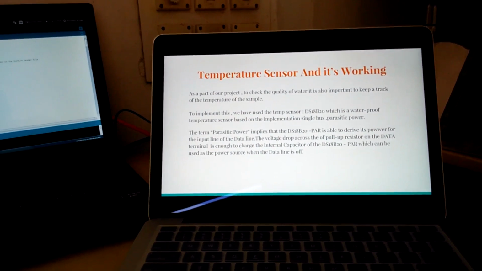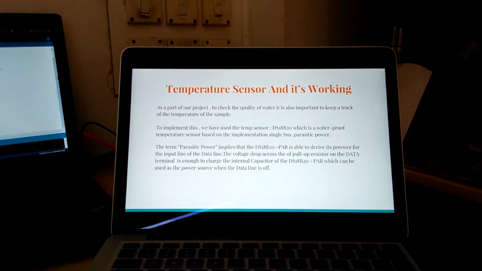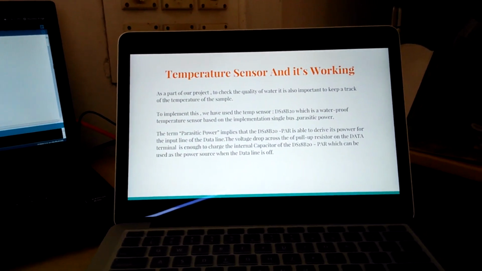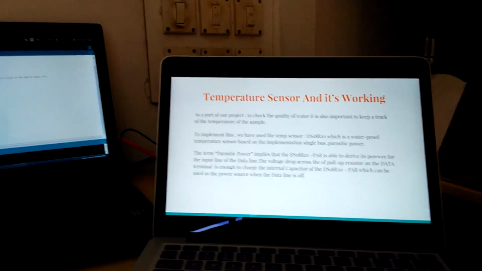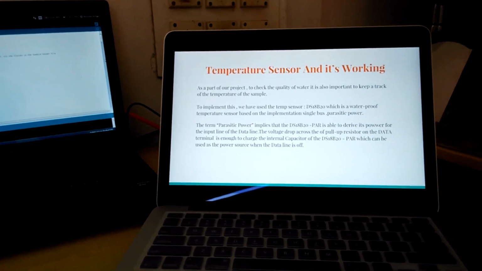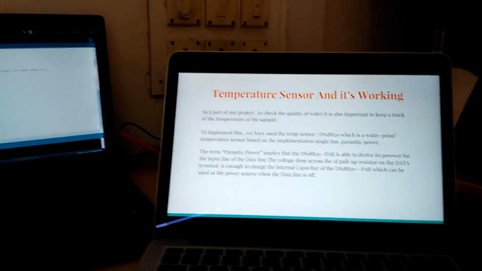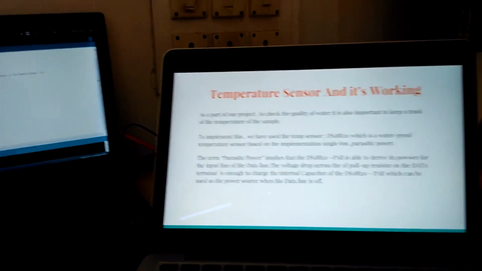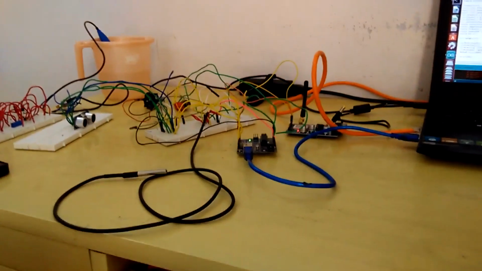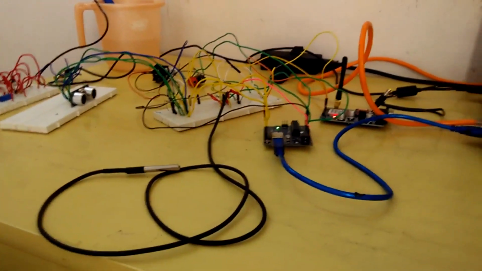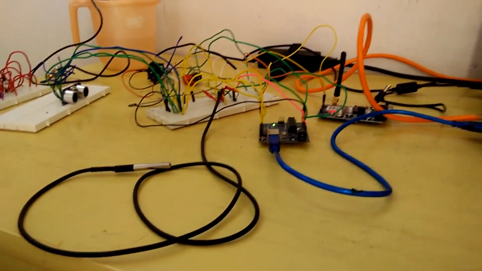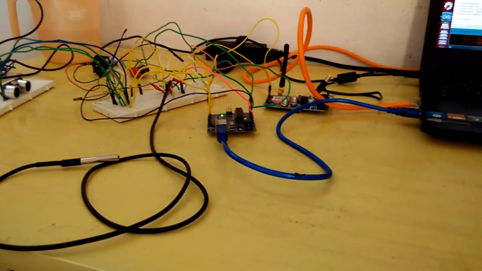It has a parasitic power resistance, so it can essentially power itself when its data line is not in use, and it also has an inbuilt ADC, so it can directly provide you digital information. So we don't even need an external ADC. The only thing which we need to do in our code is to just make sure that it basically returns us information in an encoded format. So the only thing which we need to do is to decode it properly and send it to the GSM.